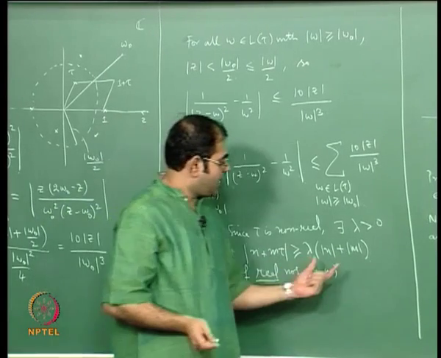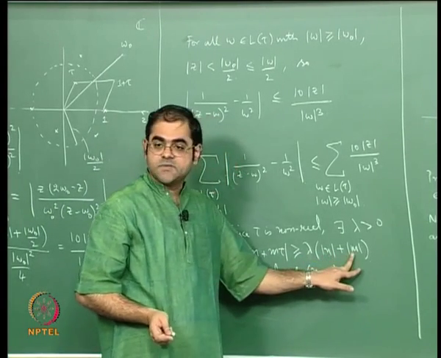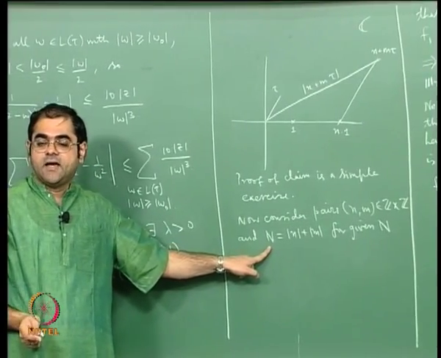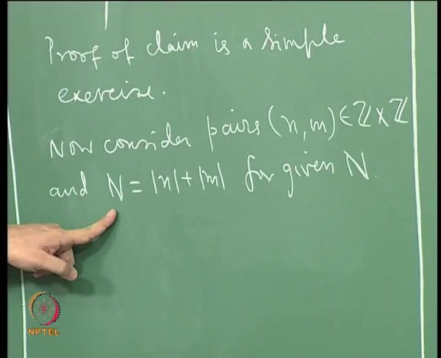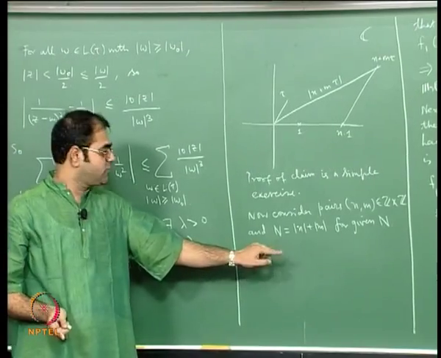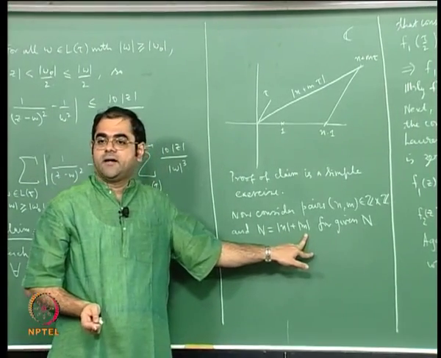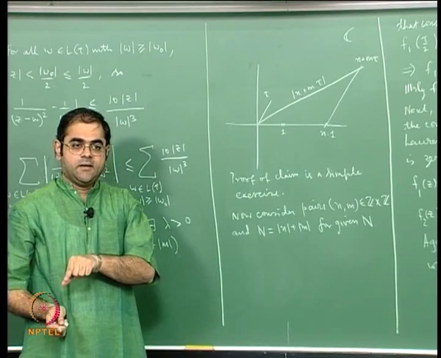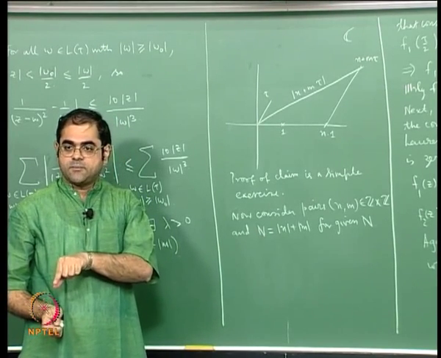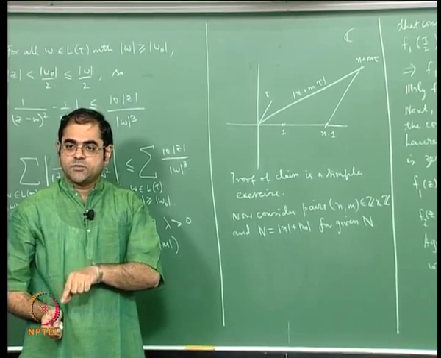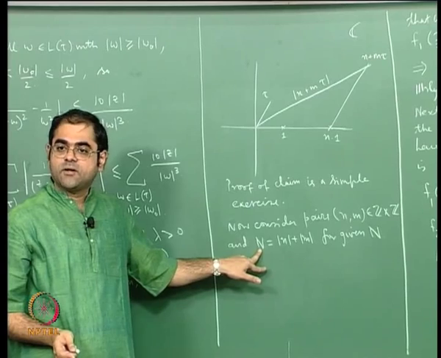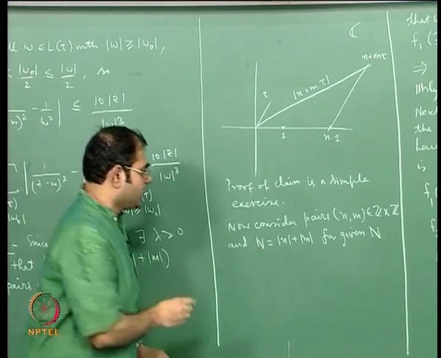So I look at all those pairs n comma m such that mod n plus mod m is a certain capital N. How many do I get? I will get 4N such pairs, because for every pair n comma m, the pair n comma minus m is also another pair, then minus n comma m is another pair, and minus n comma minus m is another pair, so you actually get 4 of them, and therefore there are totally 4N such pairs.